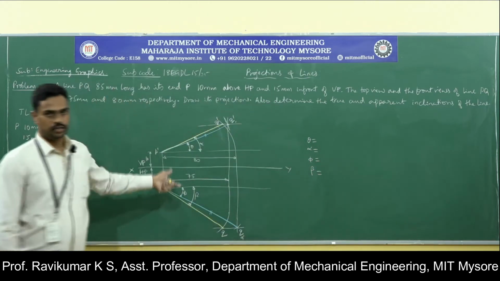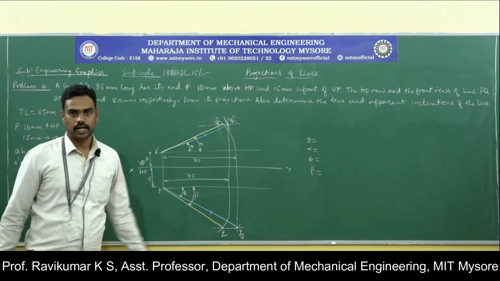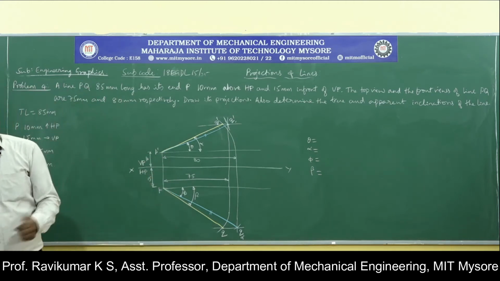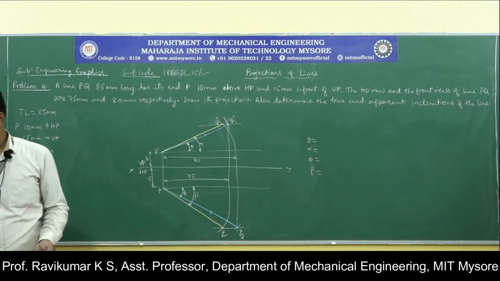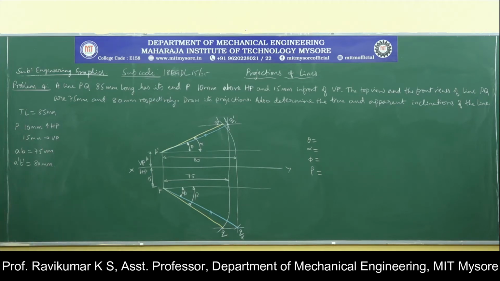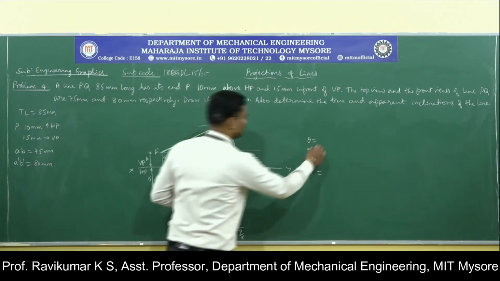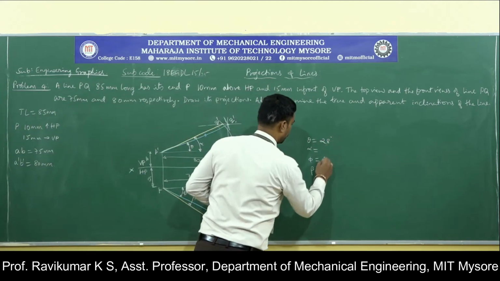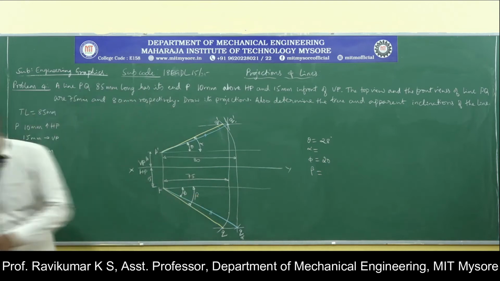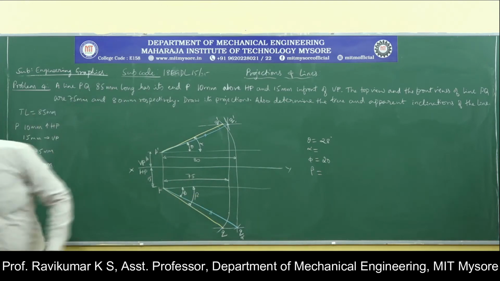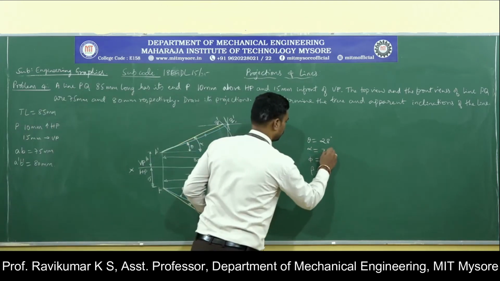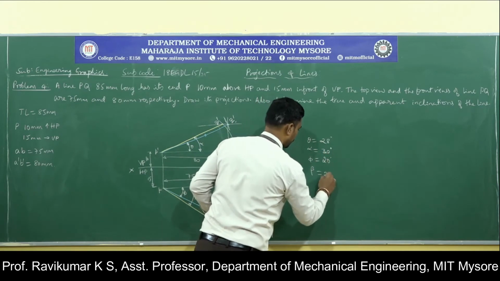If you draw this problem to the exact scale and measure, you will get the angles as 28 degree and 20 degree, and alpha and beta as 30 degree and 23 degree.